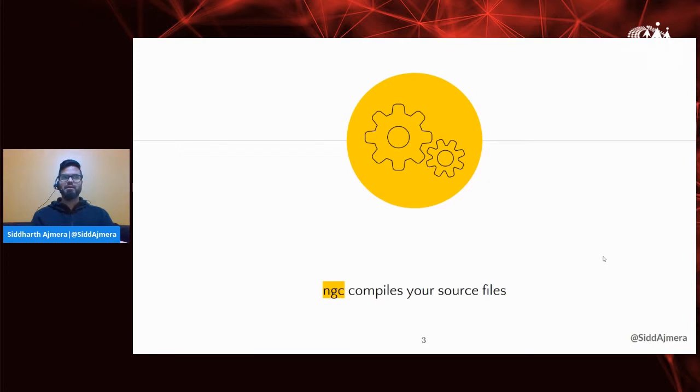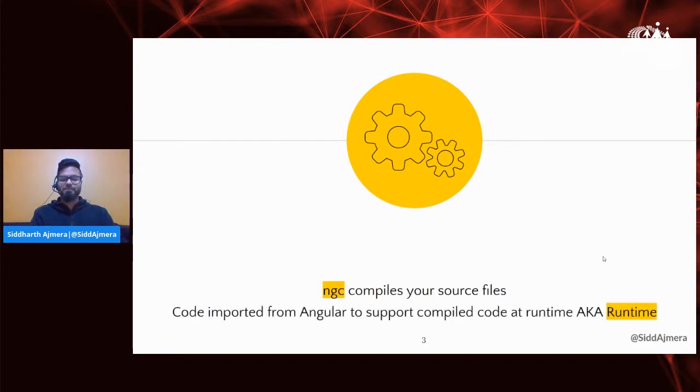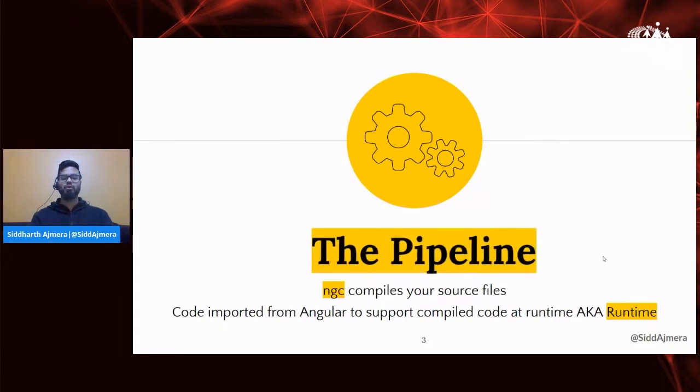But this cannot really independently run on the browser because it depends on quite a lot of things that Angular has to offer to us as well, in the form of these libraries that we use from Angular, like the Angular core and the Angular platform browser and other stuff like that. So these libraries are the things that are called the runtime, right? And so this is the whole pipeline that I'm talking about.